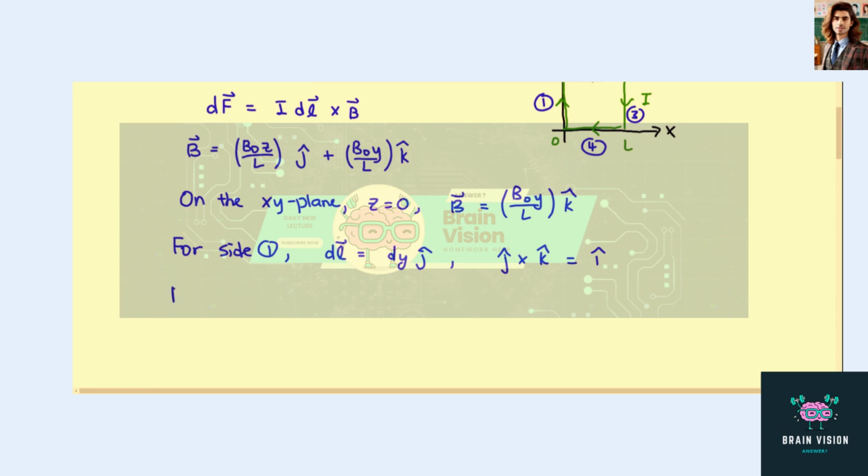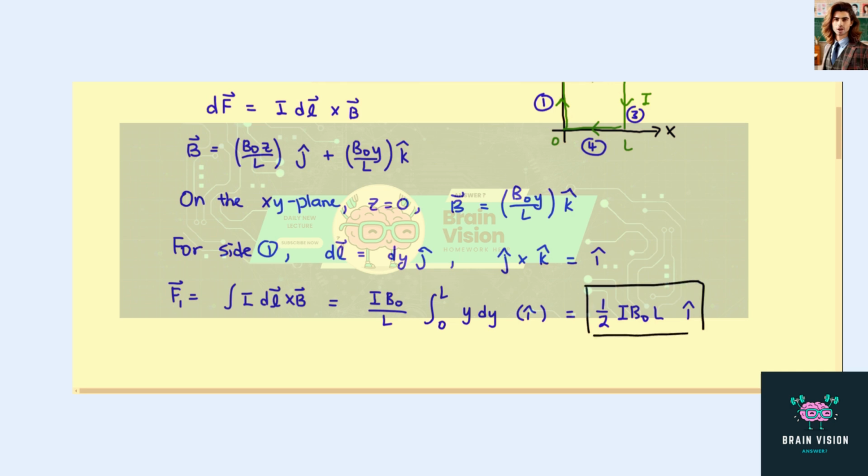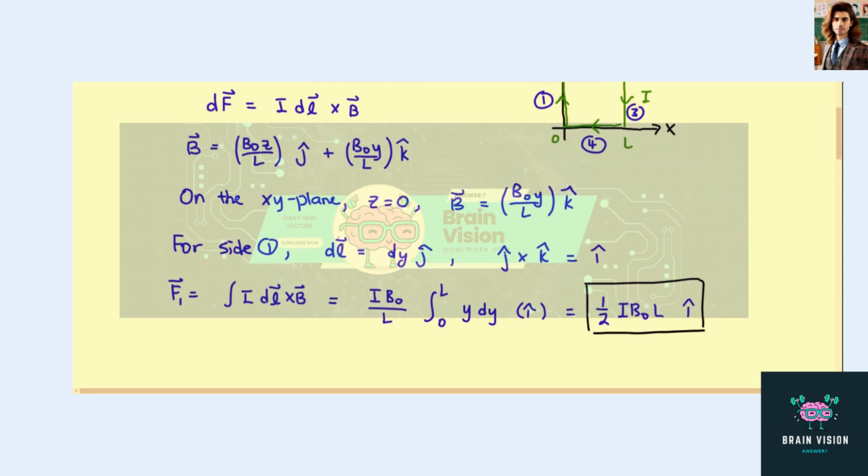Our F is going to be the integral of I dl cross B. Pull out the constants, I B naught over L, and then the integral is from 0 to L of y dy, and the direction is i hat. So we have half I B naught L i hat. This is the answer for F1, and then we'll repeat for F2.